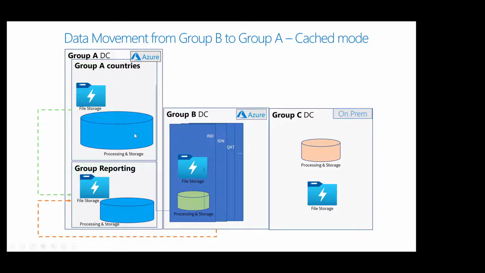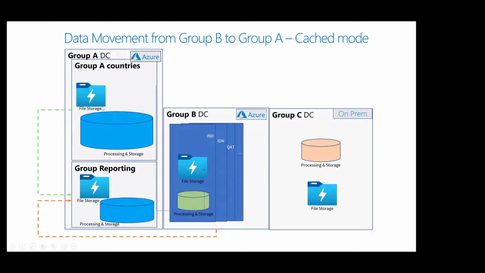So you saw this picture earlier. So now what we are talking about is data movement from group B to group A. So similarly, we have to do group A to group reporting and group B to group reporting. So this is where I'm getting all the data so that I can unify my data for group reporting. If it is individual country reporting, there is no problem at all.